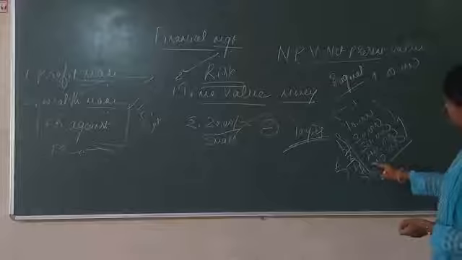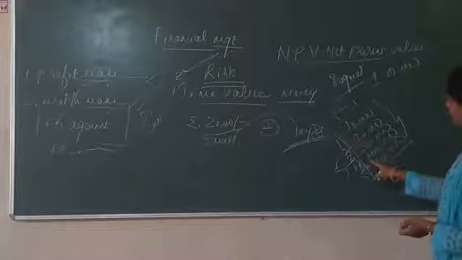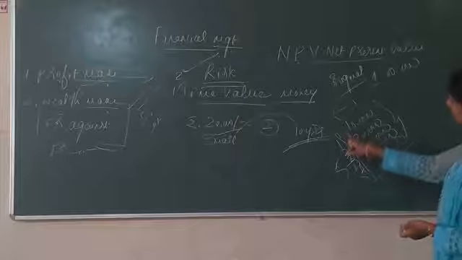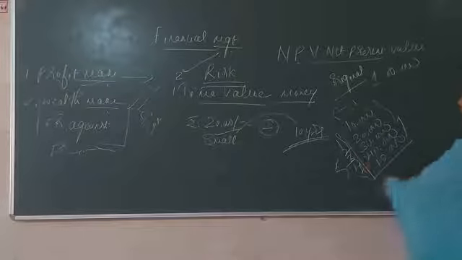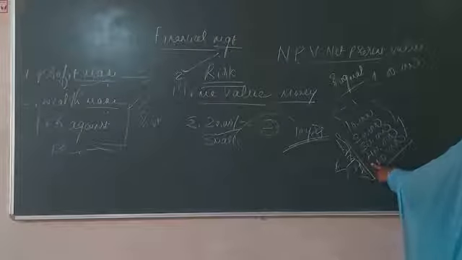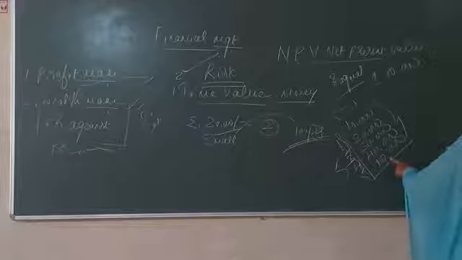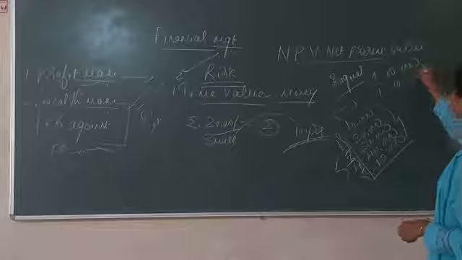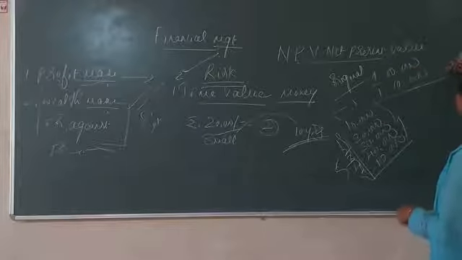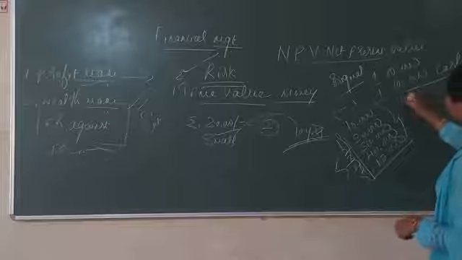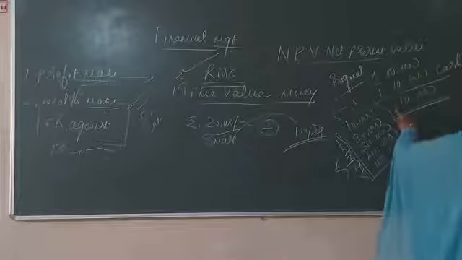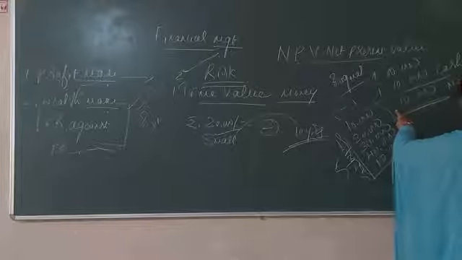Total is 50 plus 40, 20, 30, 30, 60, 60 plus 40, 1 lakh, 1 lakh plus 10,000, so 1 lakh 10,000 rupees is the cash inflows to the business entity. How much is the remaining? 10,000 rupees. This is the profitability. This is what we call NPV.